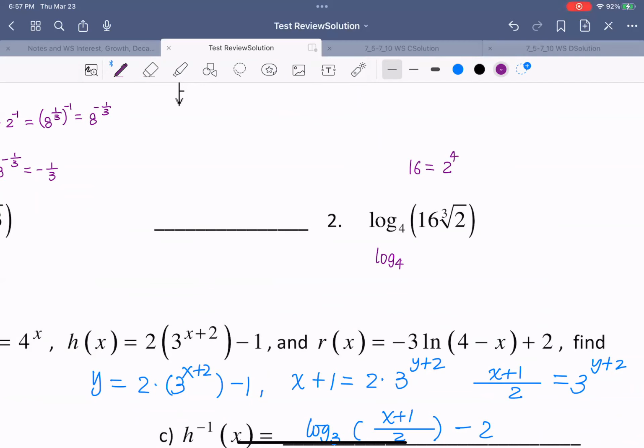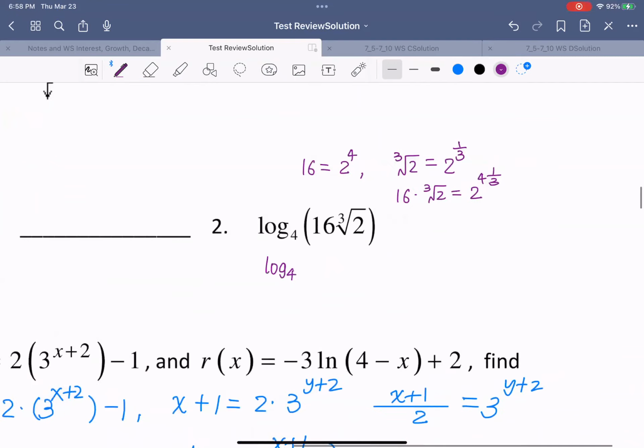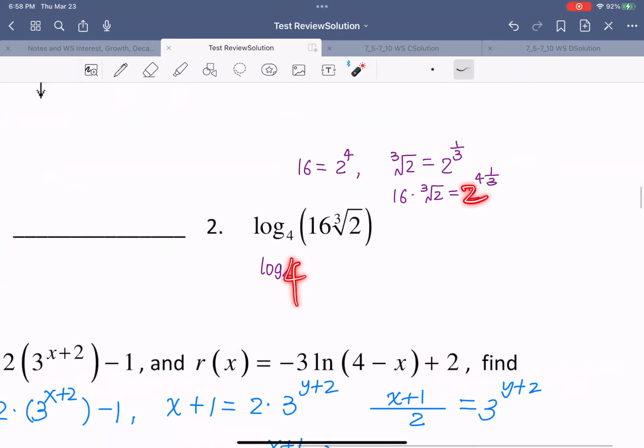So, and 3, this is cubic root. That means 2 to the power of? 1/3. So these two together, 16 times this is 2 to the power of 4 and 1/3, correct? And this is 4, so you can change 2 to be 4 to the power of 1/2, right?